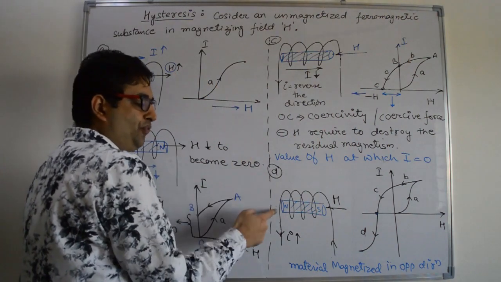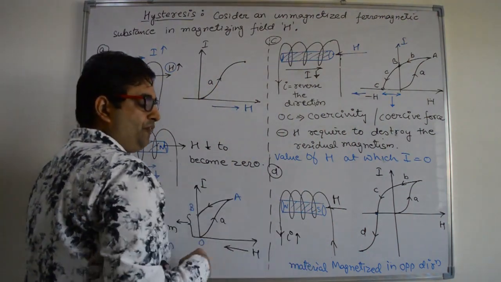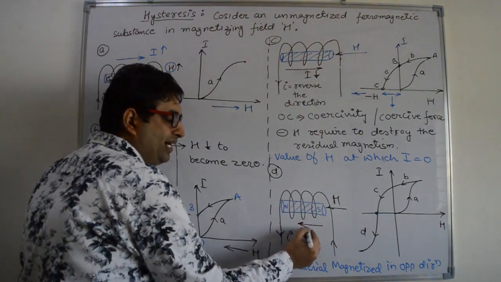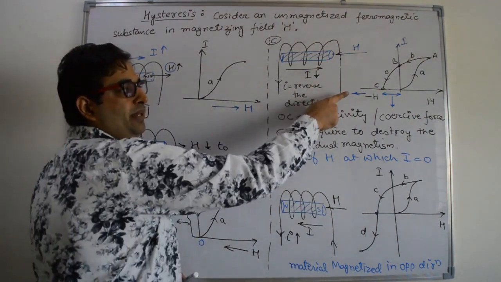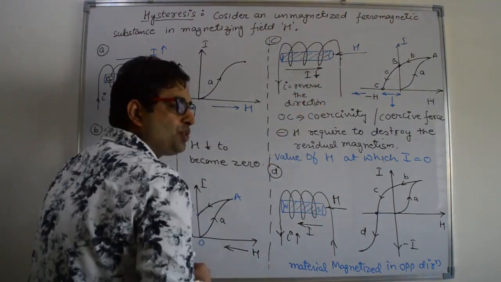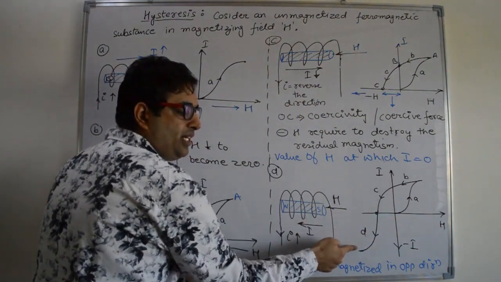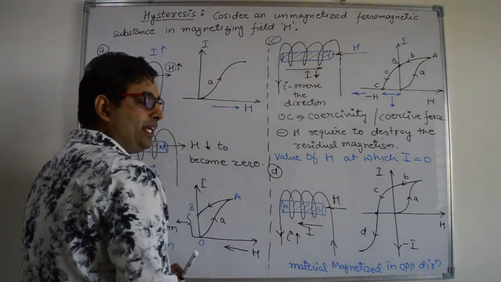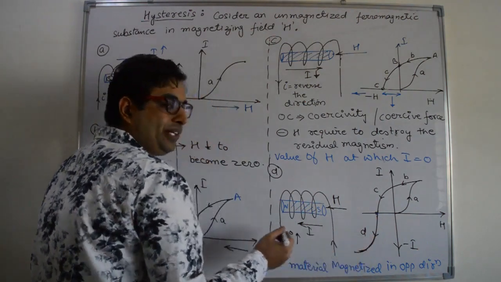Fourth point. In the fourth point, we are increasing the reverse current. If we increase the reverse current, now this material will start magnetizing in the opposite direction. Magnetism in the material has already disappeared, so this material will magnetize in the opposite direction. So I will increase, intensity of magnetization will increase in the opposite direction, and finally it gets saturated.